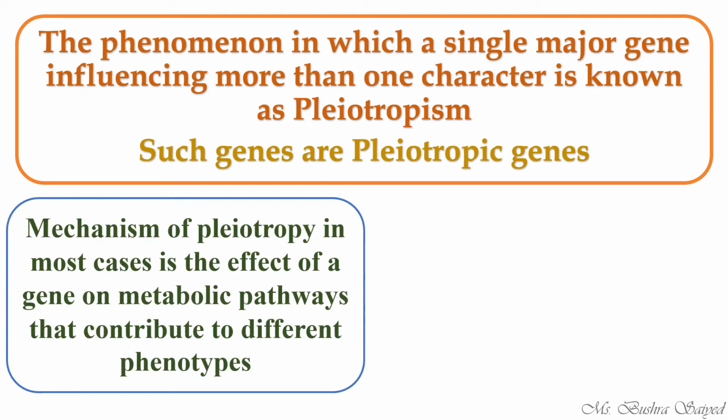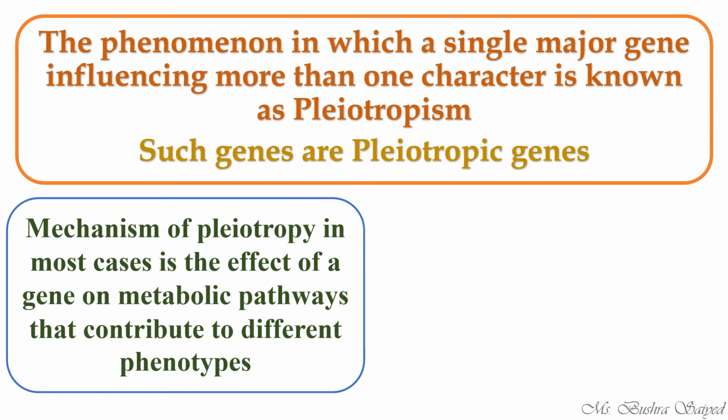The mechanism of pleiotropy in most cases is the effect of a gene on metabolic pathways that contribute to different phenotypes. What does this say? If a particular gene results in a protein, we know that genes result in certain proteins, and these proteins can have different phenotypic effects.